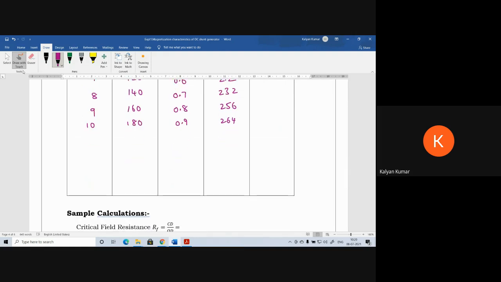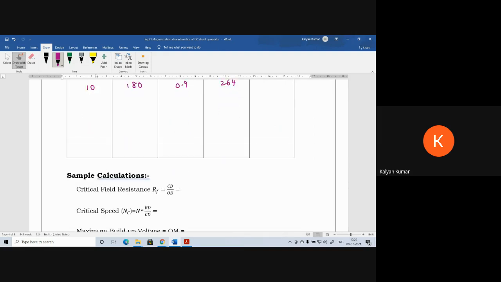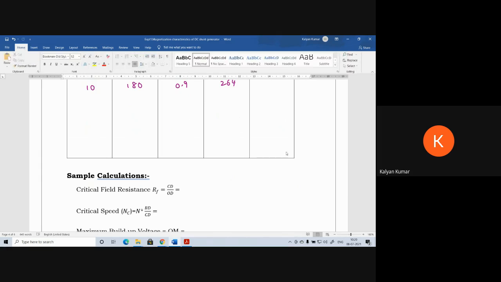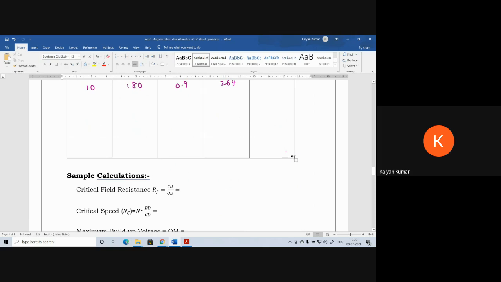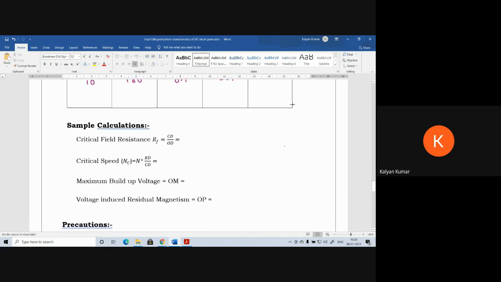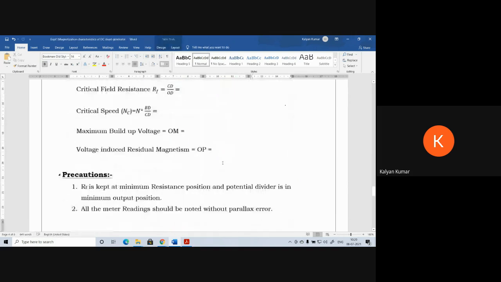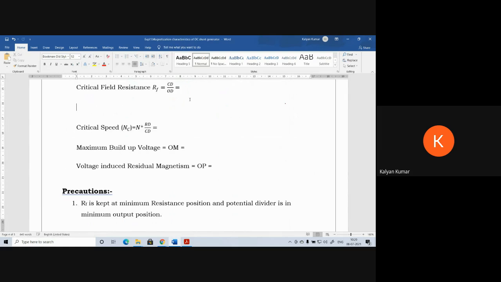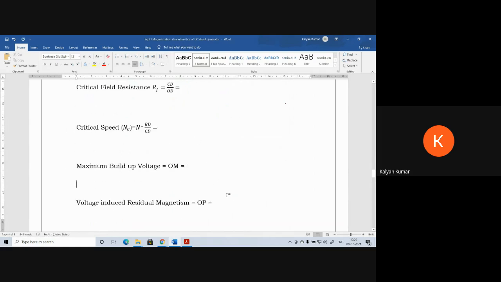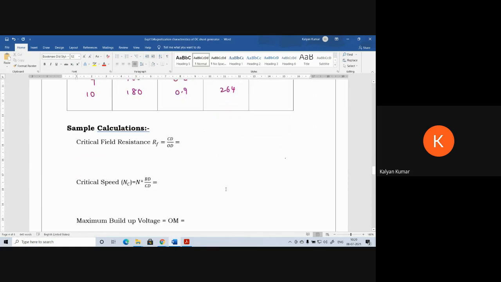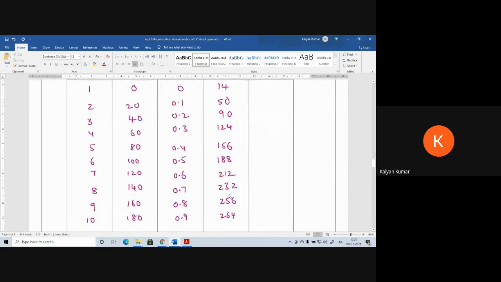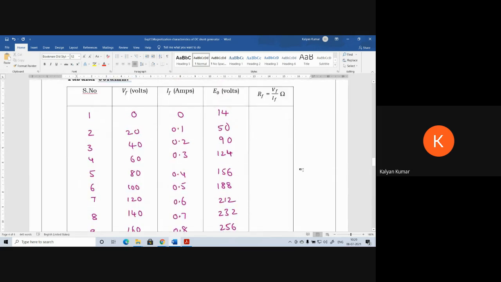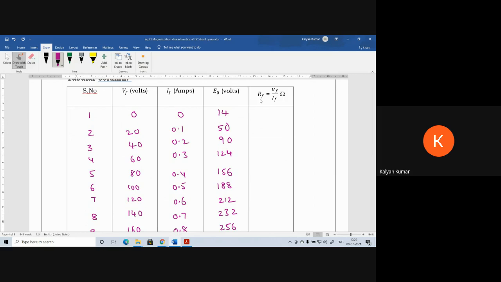Now from this point, we do the calculations. Here RF equals VF by IF.